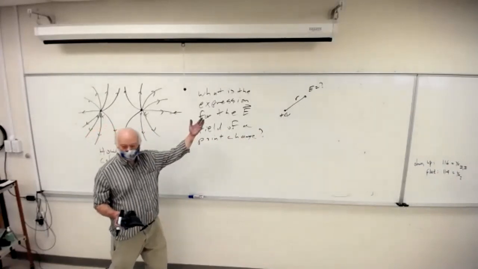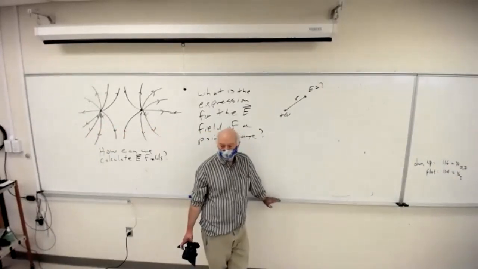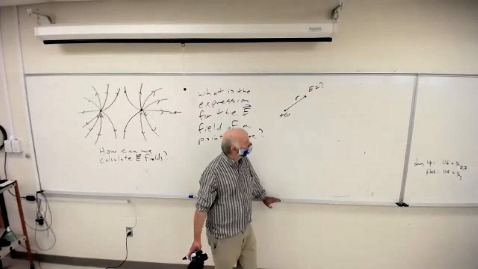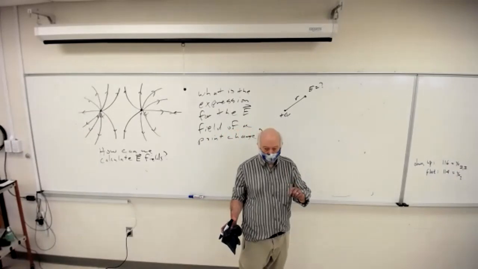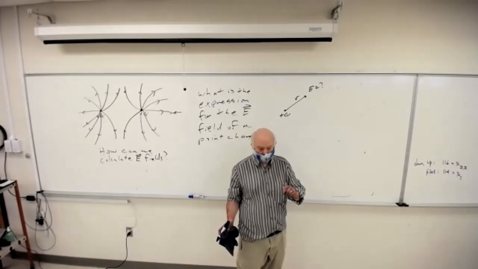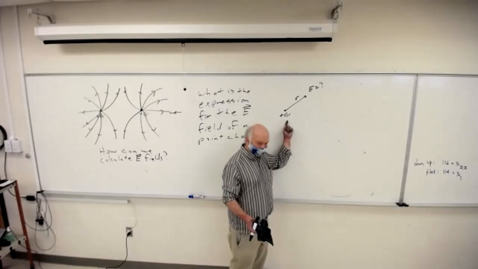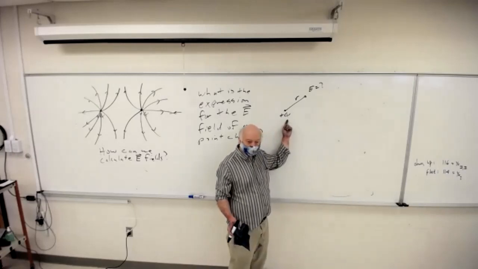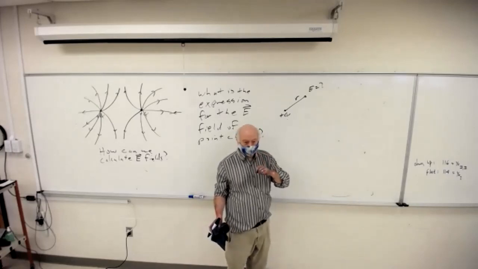So, what's the electric field here? It's leaving, so it's positive. Okay, so how do you calculate electric field? What's the fundamental definition? The force of this object on some little positive test charge, little q, over little q.